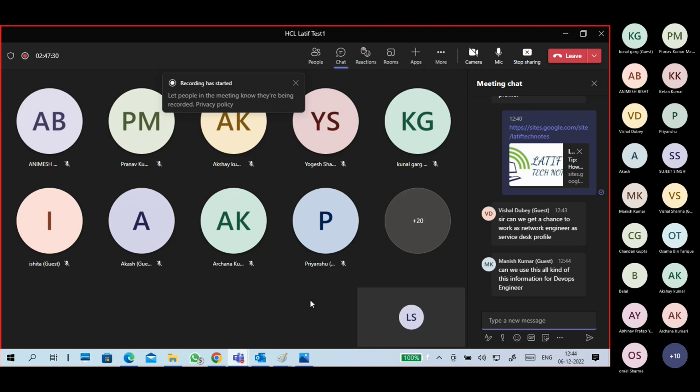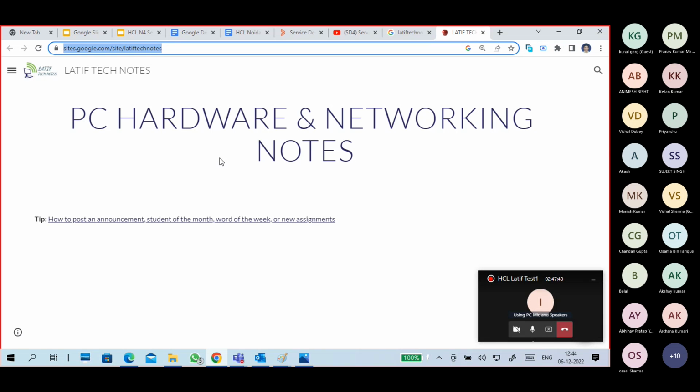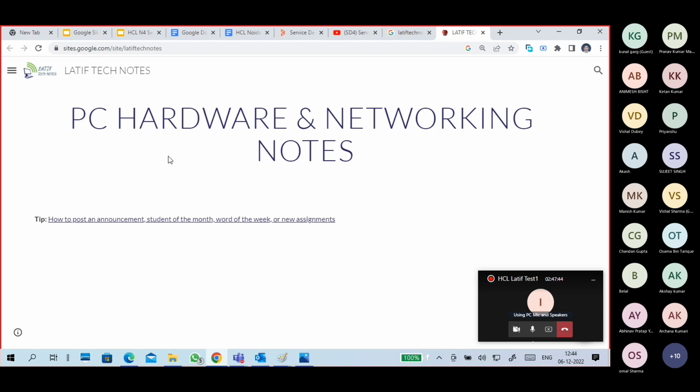Can we use all this information for DevOps? Yeah, of course. DevOps is also the admin side, actually, not the development side. DevOps is mainly for the administration part. It is used by developers, testers, and development people, but mainly DevOps is the administration part.